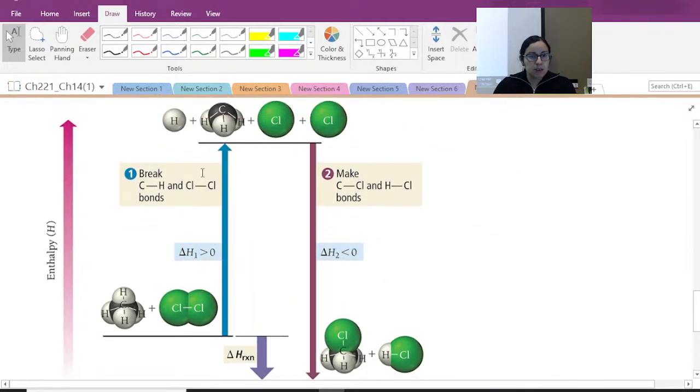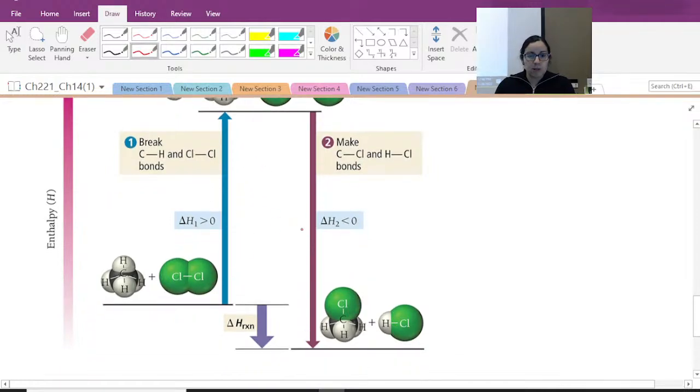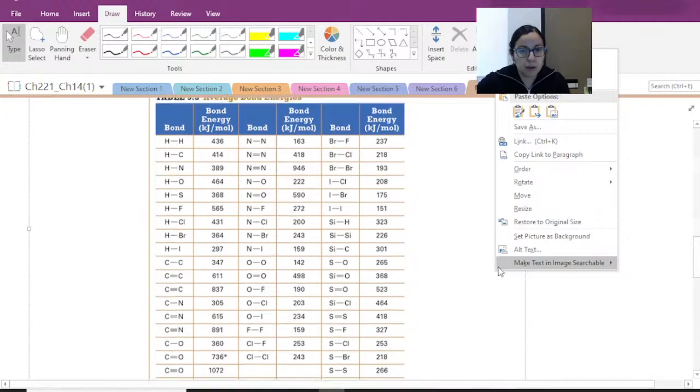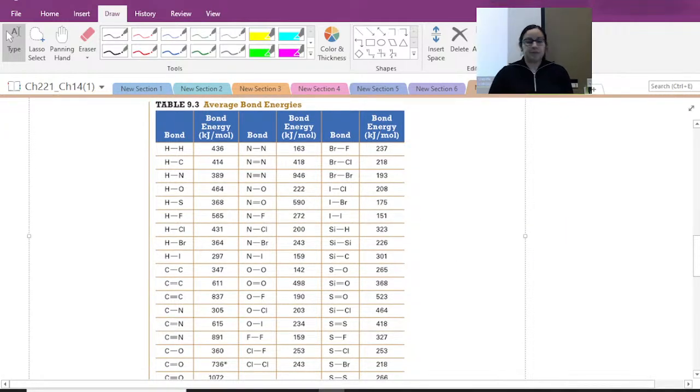We're going to look into breaking bonds, and at least appreciate that's going to be an endothermic process, and then we'll make the bonds. That's exothermic, and then we'll compare. But we'll save the math for Thursday, so that's where we're going.